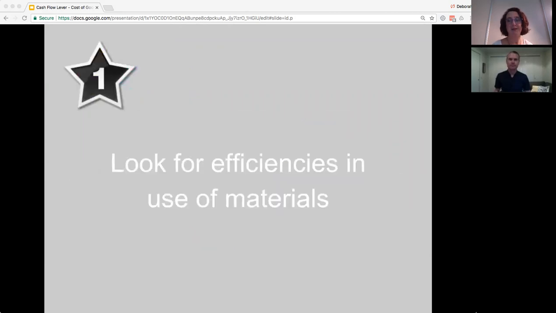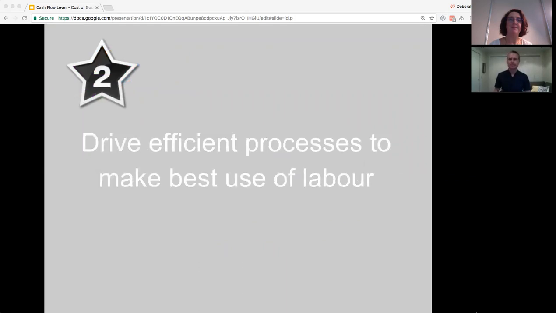So, some tips on how to reduce your cost of goods sold. Number one, look for efficiencies in the use of materials. What are you wasting? How can you use your materials better? Drive efficient processes to make best use of labour.